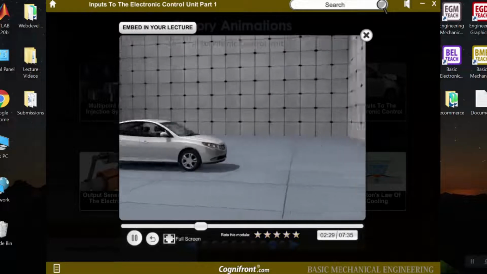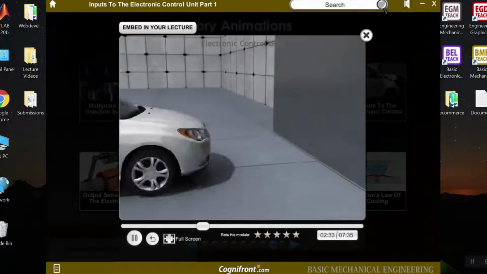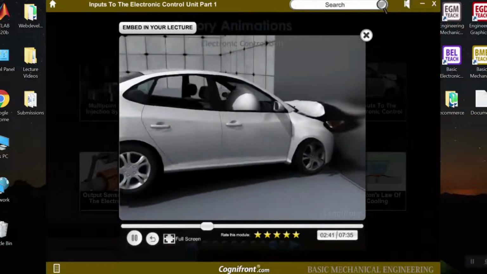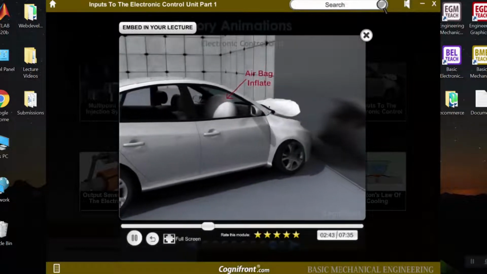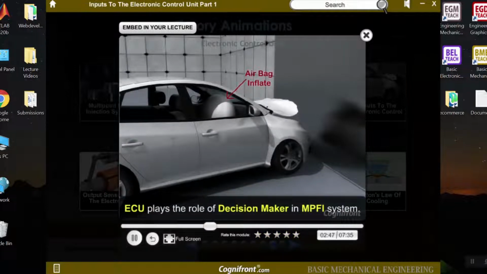For example, what happens here is when the car hits the wall, a signal is sent by the ECU, and at the time of the collision, the sensor instructs the ECU to inflate. So, we see how the ECU plays the role of the decision maker in this system.